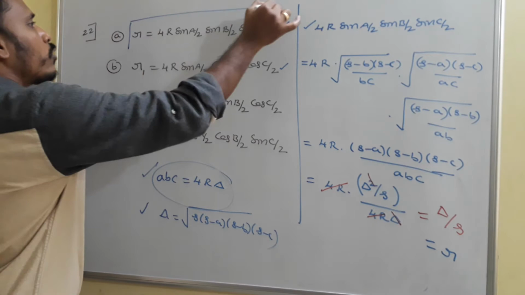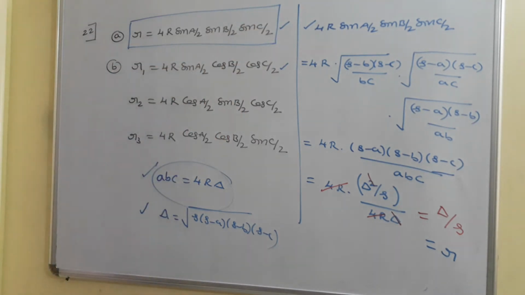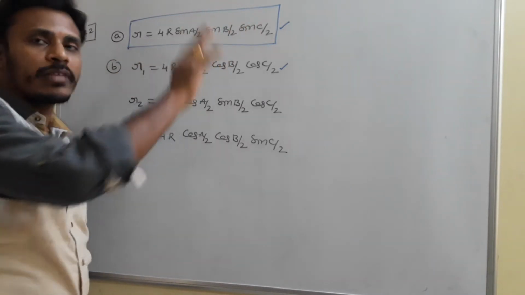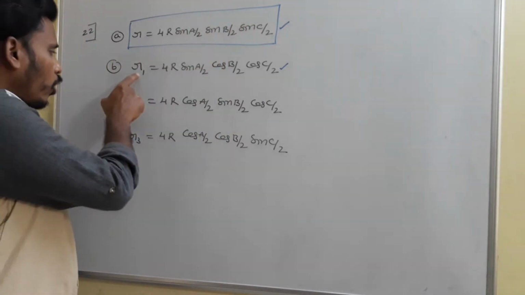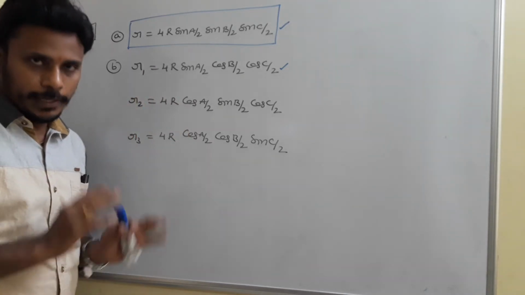So r equals 4R sin A/2 sin B/2 sin C/2. Okay? Just have a look. So that is clear. Now we need to prove the similar statements for R1, R2, R3. Just first observe it.